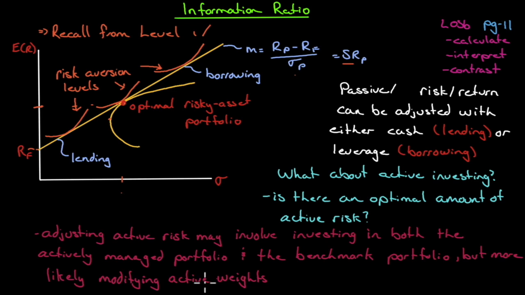Just to let you know right now, we're going to get to a place where we say, okay, if we want to target a certain level of active risk, how do we determine what the optimal active weights are? Once we do that, there's a few other little things we need to know, but I just let you know that that is where we're headed. Sometimes it's nice to have a roadmap. So we're headed towards that point now.